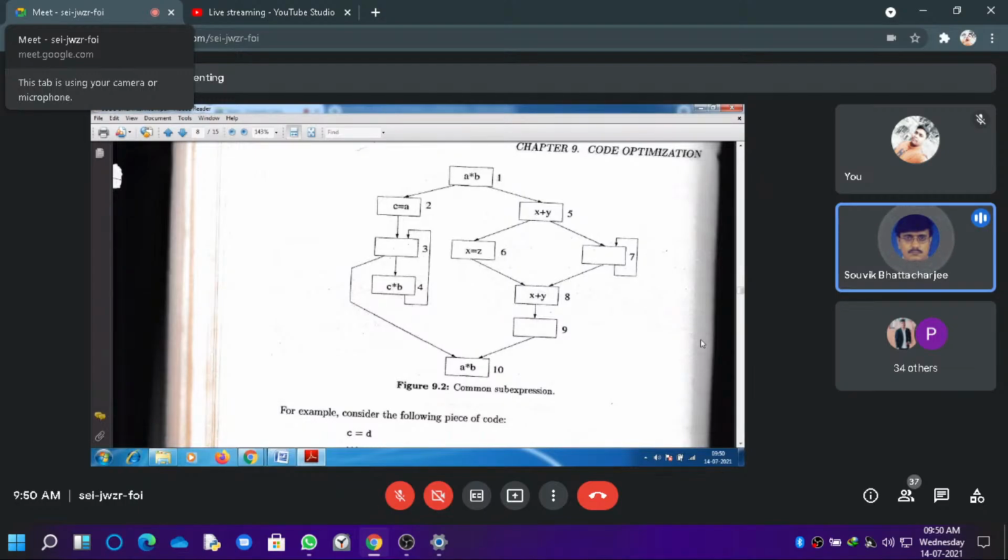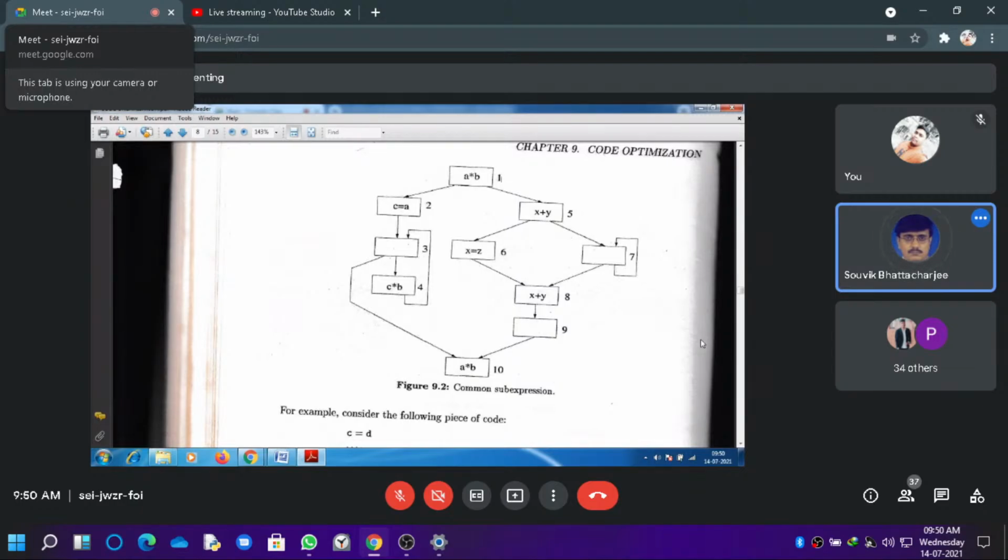You just see here, block number 1, block number 4, and block number 10. All are giving the same values, A star B. And from block number 2, what are you getting? C assigns to A, and now you are doing C star B. C star B or A star B is the same value because C assigns to A. C and A have the same value.